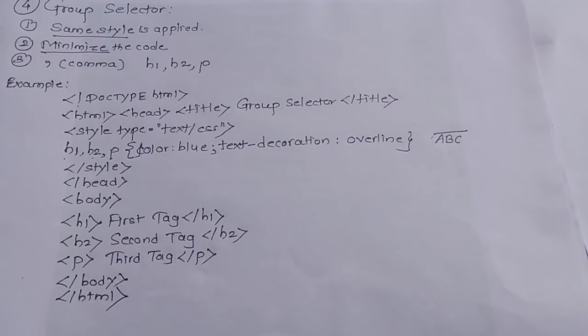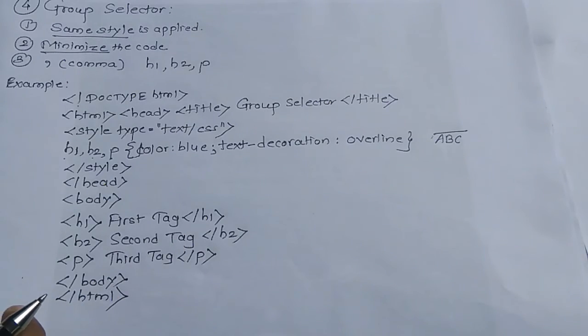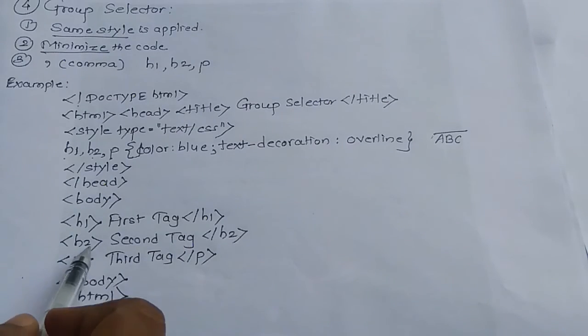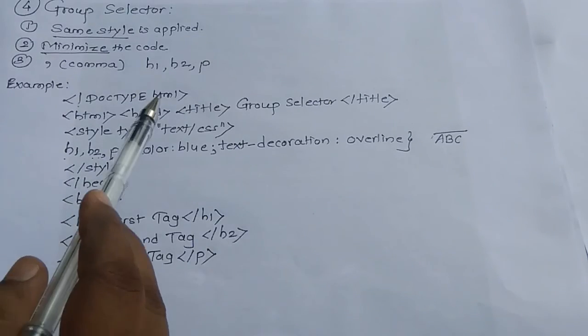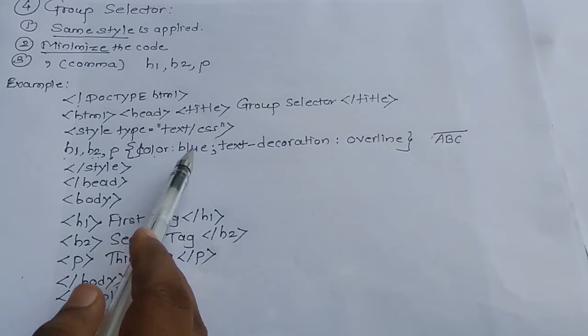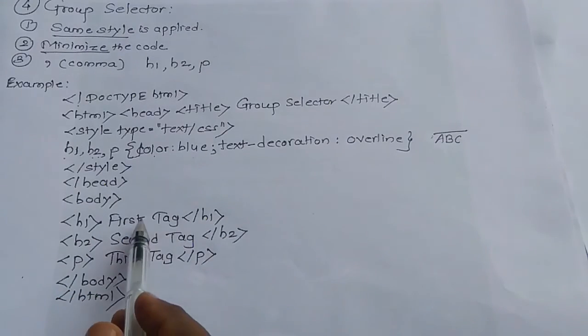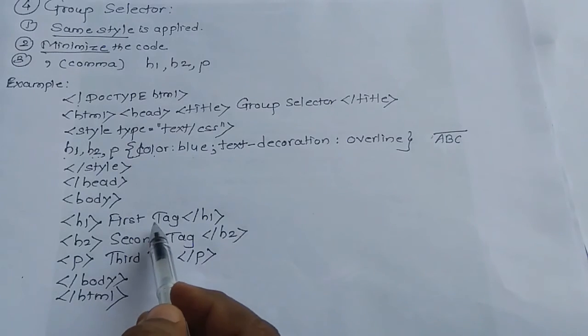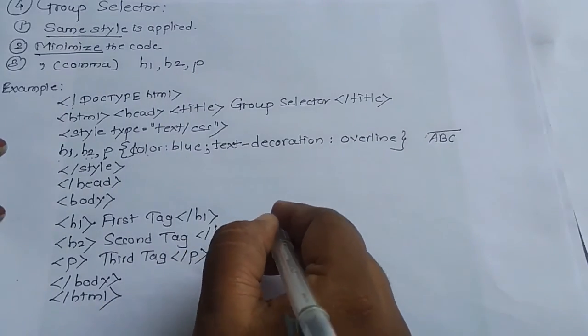Now save this program as group selector.html. When you run the program, it will first find the H1, H2 and P properties. For the first tag, second tag and third tag, these three different texts, the color will be blue and the text decoration will be overline. How is the output displayed?